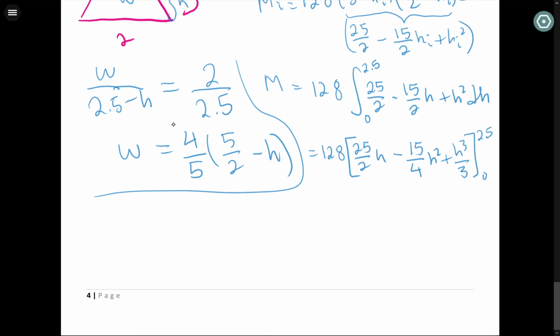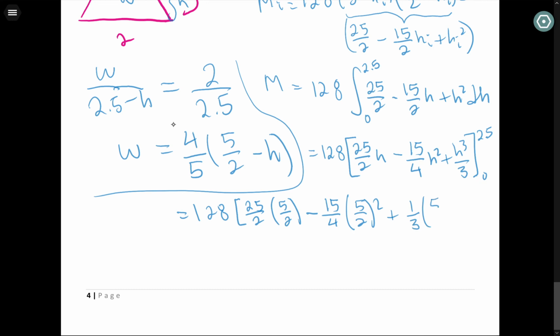So if we plug in the 2.5, we have 25 over 2 times 5 halves. Nope, not squared. Minus 15 over 4, this one is squared. And then we have a 1/3 times 5 over 2 cubed.